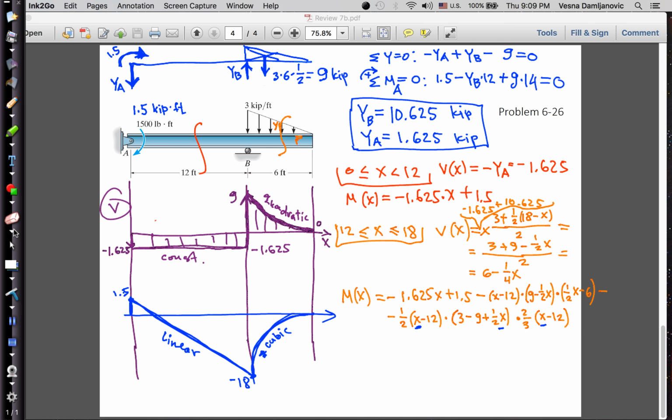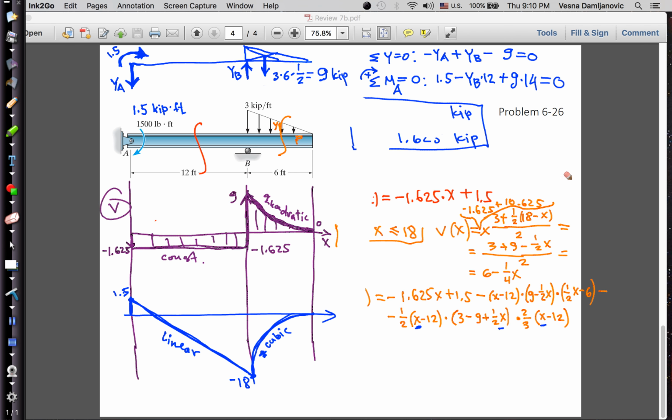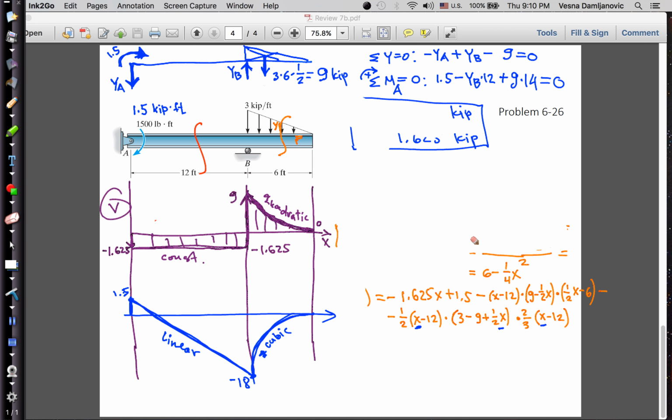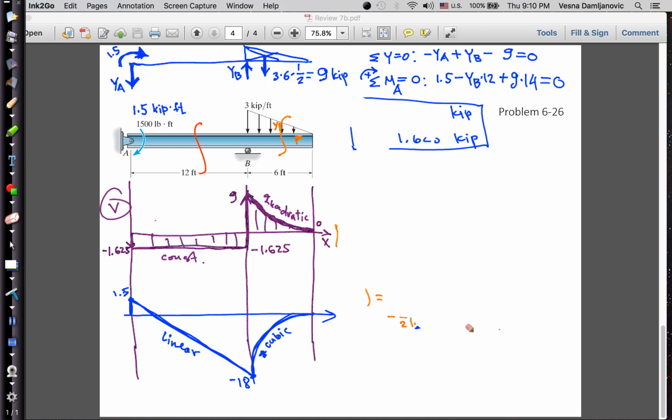So in an exam, depending on what I ask you to do, if I ask you to write the equations with respect to how the shear and moment change with respect to x, you'll have to write all these equations. But if I don't give that to you, you'll have to calculate the supports. Once you calculate the supports, none of this will exist, only what I just wrote here.